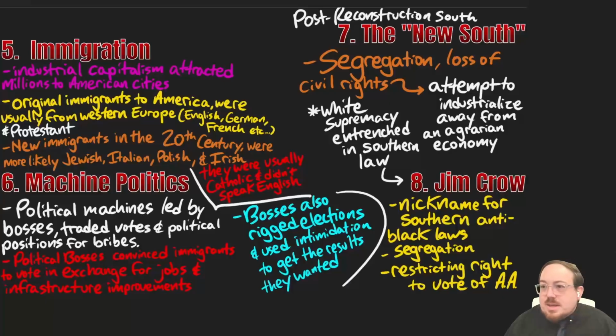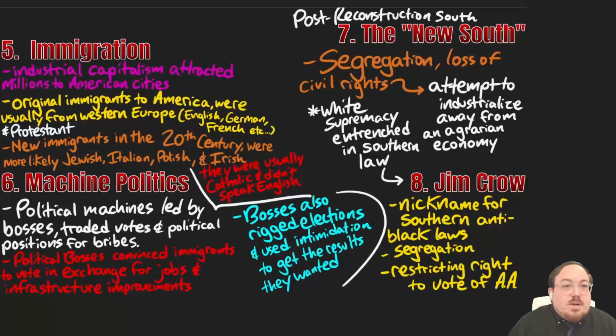There was a lot of distrust of anybody who was different, anybody who didn't believe like they believed. In the late 19th century and early 20th century, a lot of the people moving to America were likely going to be Jewish, Catholic, and did not speak English.